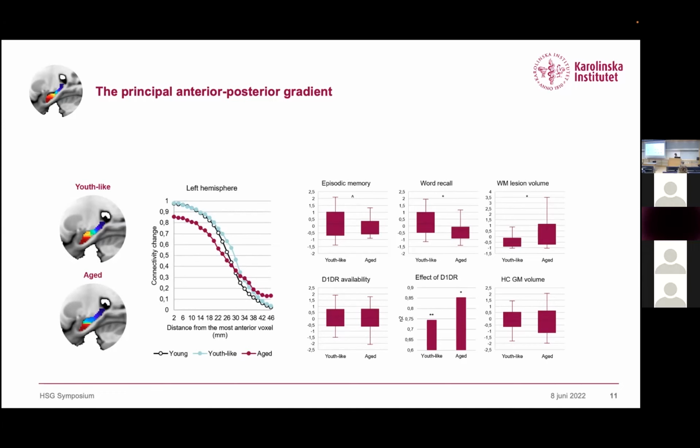And for that, we want to move away a little bit from these average levels of D1 receptor availability and look into options of characterizing the potential overlap in the spatial distribution of D1 receptors, how that would map on to the topographic organization of our gradient.